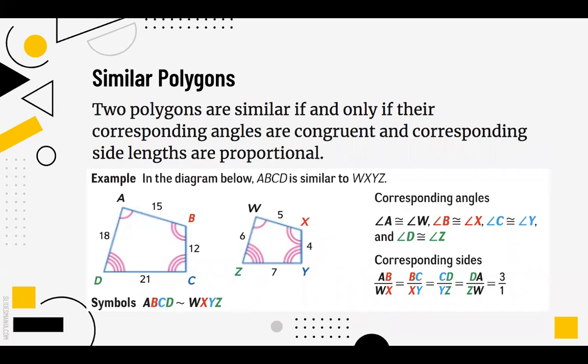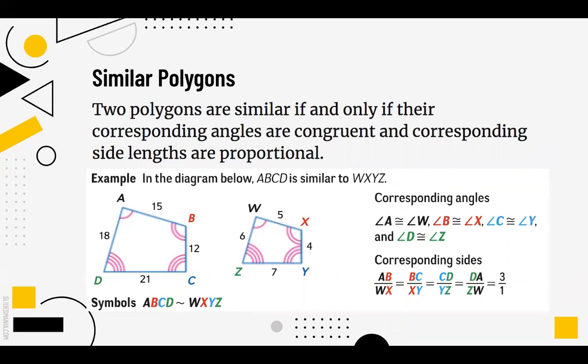Okay, so AB and WX are proportional. BC and XY, YZ and CD, AD and WZ. Okay, and if you look down here in the bottom where it says symbols, it says ABCD is similar to WXYZ.